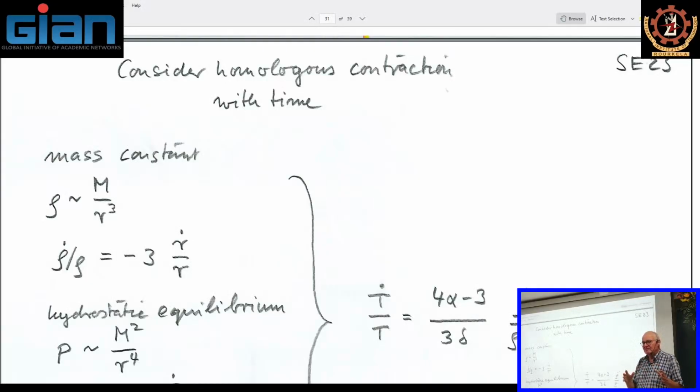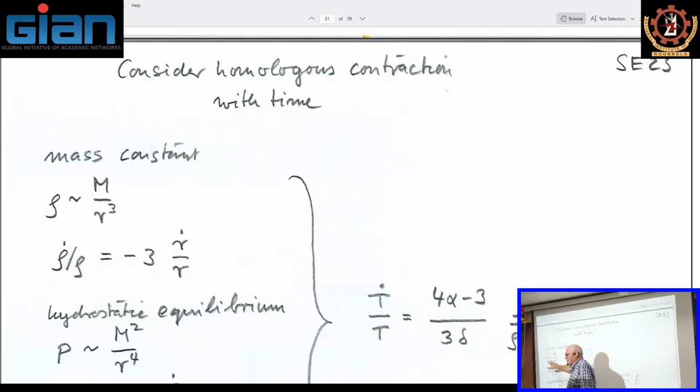So the relative structure of the star is kept constant, and the quantities like density, pressure, temperature scale with the overall scaling factors, and we keep, in addition, during evolution, this is not a bad assumption, the mass of our star constant.